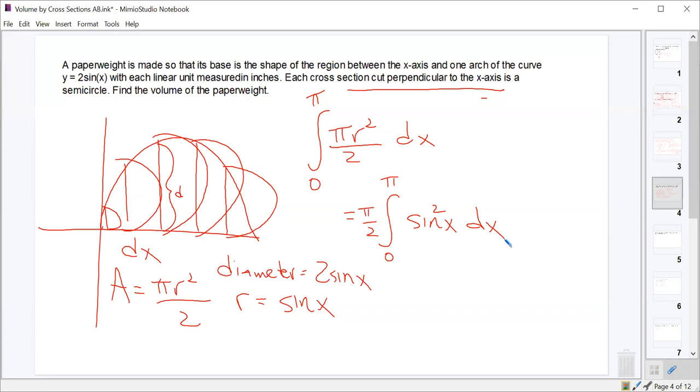Now we did this way back a long time ago. It is unfortunately not either of those. We have to use a trig rule to rewrite it before we can integrate it. Not the product rule.